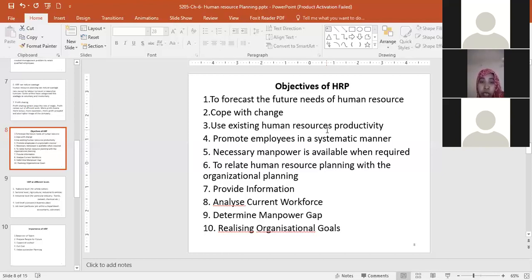Number 7 objective of human resource planning is to provide information. Human resource planning needs to provide exact information about the employees of an institution. And number 8, analyze current workforce.